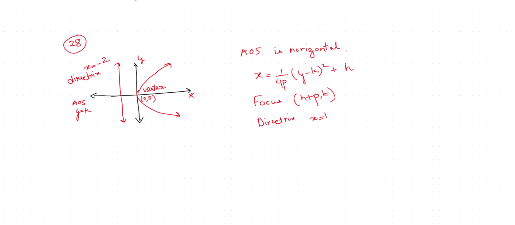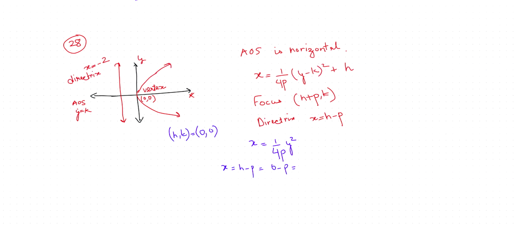Okay. So now we see that the vertex is 0, 0. So we have to find the value of p. We know the directrix is equal to h minus p. So h is 0 and minus p is equal to negative 2.